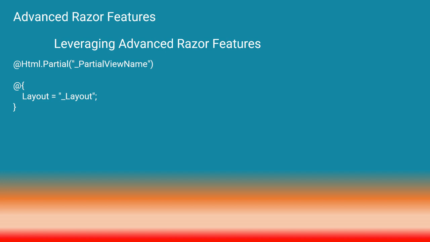Additionally, Razor supports layout pages which allow you to define a common structure for your views. By setting Layout equal to "_Layout", you can specify a layout that all views will follow, promoting consistency across your application.